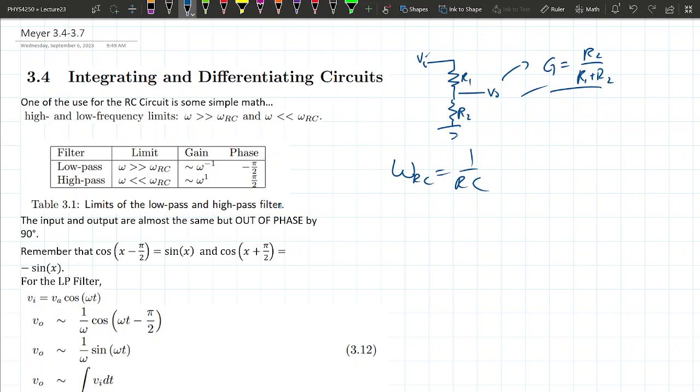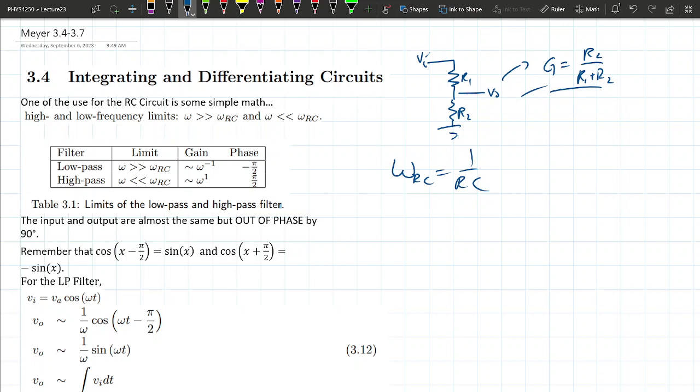The opposite is true for the high pass filter, when the frequency you're driving at is much lower than your characteristic frequency, meaning you basically have almost no signal there. In that case the phase goes to positive pi over 2, or positive 90 degrees. This is all the stuff that we derived in the video lecture that most of you watched.